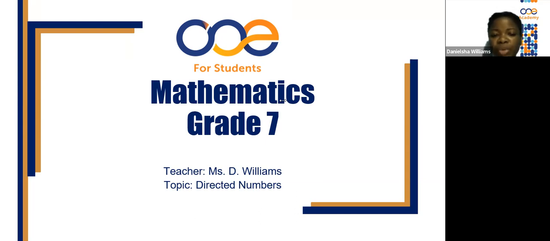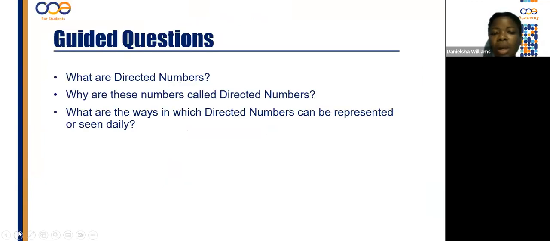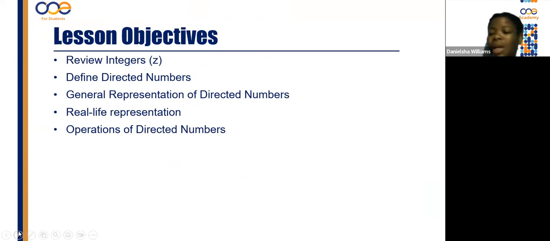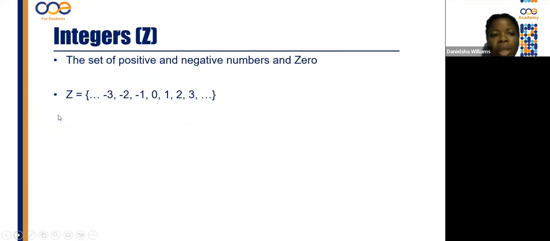So just to do a recap for persons joining us for the first time since we started yesterday, we're looking at directed numbers. As we did yesterday, directed numbers are from your group of integers, and they are your positive numbers and your negative numbers, and they take their direction from 0. They belong to the set of integers because they entail your negative numbers and your positive numbers.